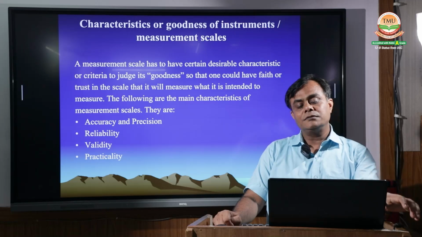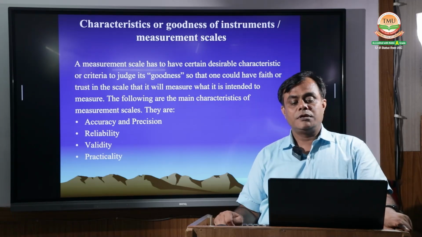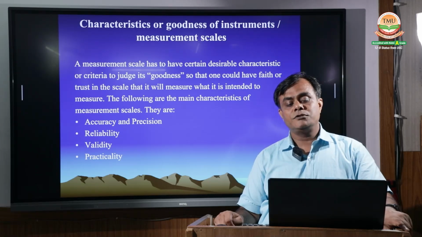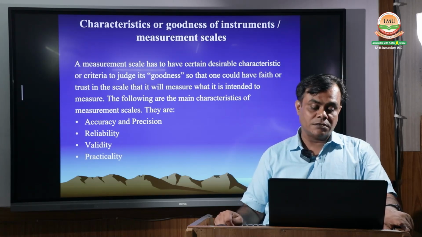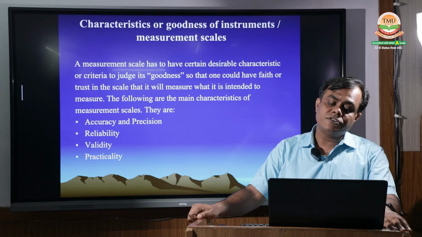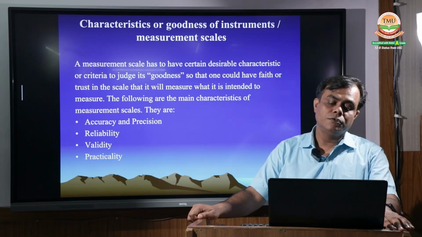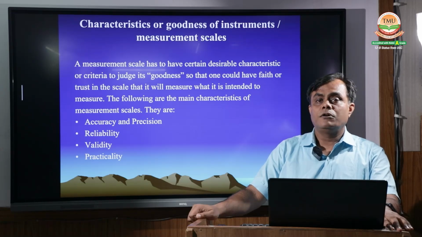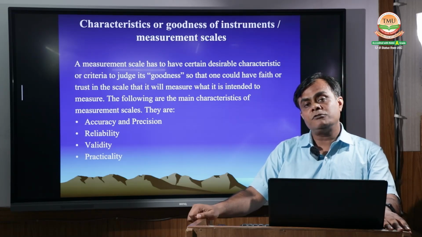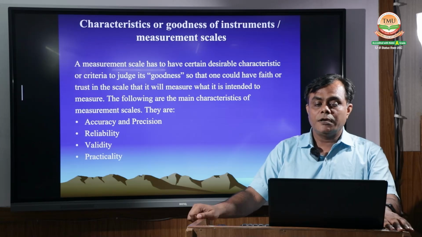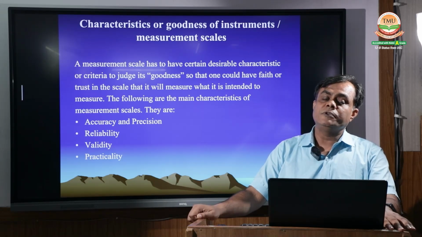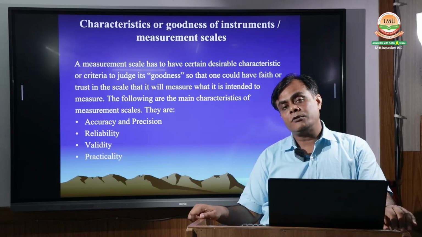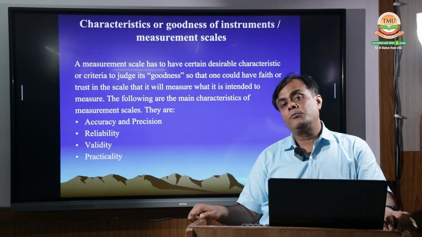So there are certain factors that create your measurement, or improve the measurement scales in a better manner. First is accuracy and precision. When you are measuring anything on a measurement scale, first you have to select the particular scale or measurement tool, and see how that tool creates accuracy and which type of tool gives you more accuracy.